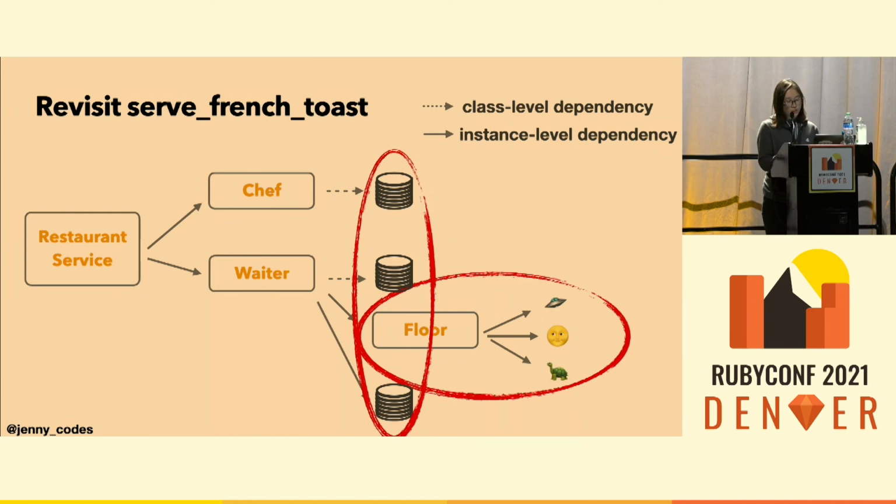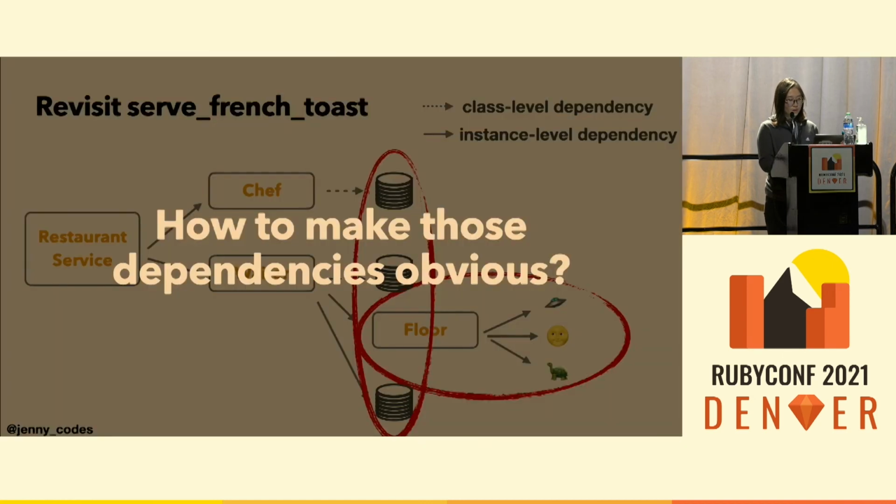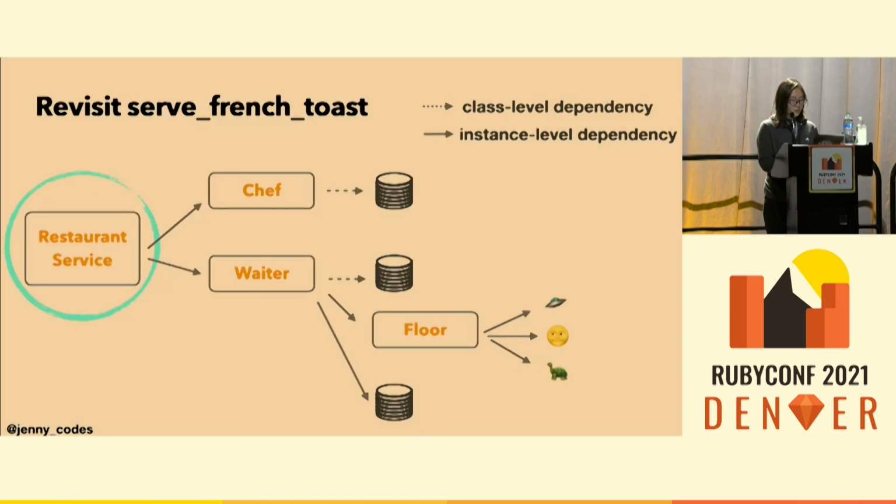And we also need to pay attention to the database too, because the database is also something that has side effects. So how to make those dependencies obvious is the question.